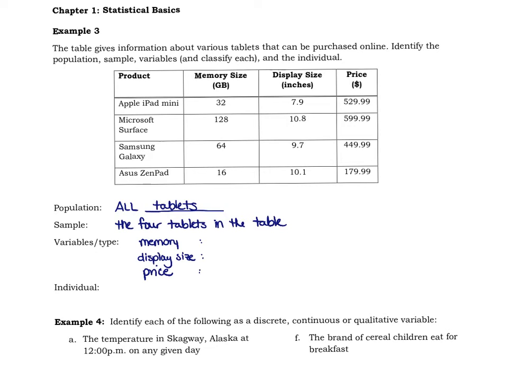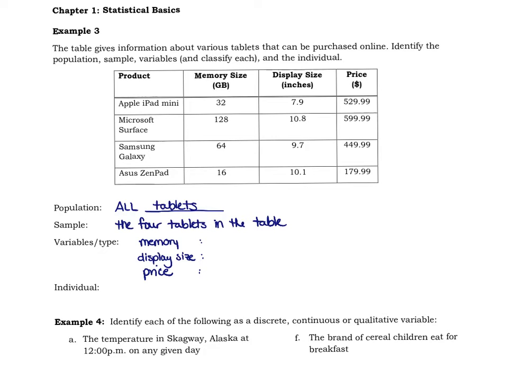Okay, and now it's a matter of what kind of variables are those? Are they qualitative, meaning it's a category of data? Is it quantitative, which would lead us to discrete, meaning it's countable, or continuous, meaning it's measurable to an infinitely smaller and smaller degree?